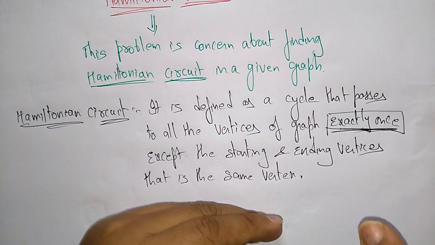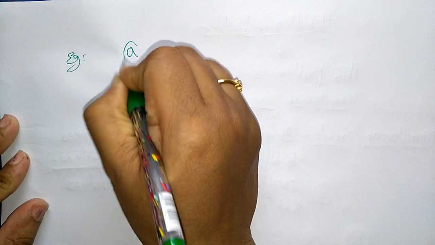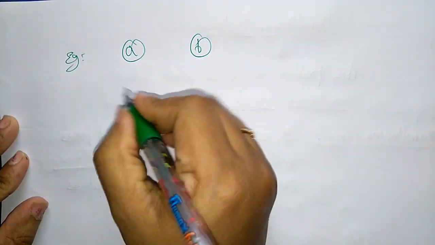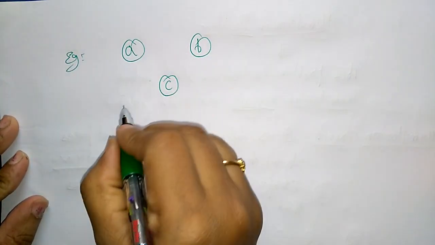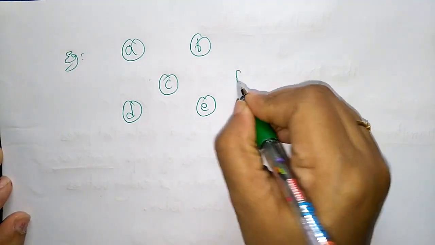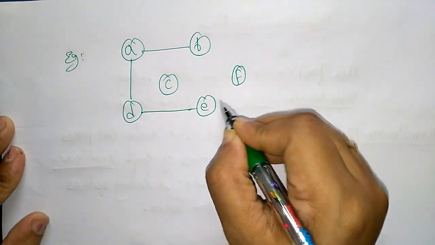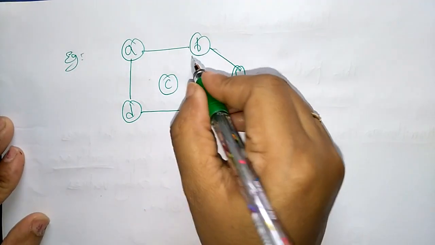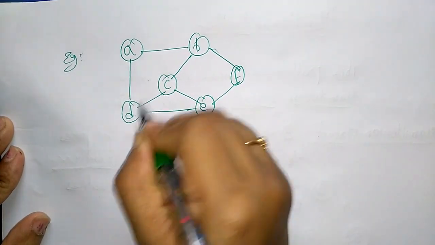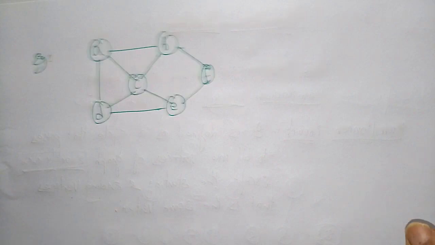Now let us see an example for this Hamiltonian circuit. Let us take the graph with vertices A, B, C, D, E and F. This is a connected graph. Now let us draw the Hamiltonian circuit for this.